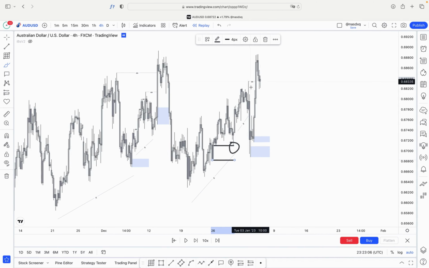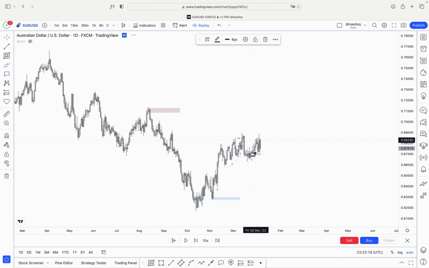So we had a liquidity sweep of these lows right here, maybe mitigating something in this demand, and then we moved higher. We only moved to this point right here, and then we pushed higher, a very momentous move into these highs. But on the daily, we can see that we've been pushing up for a while now, and we halted at this supply level to the left here.